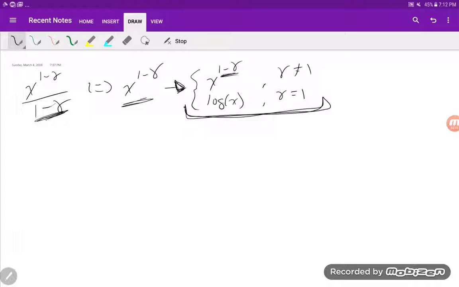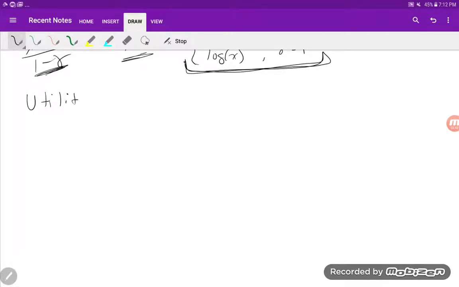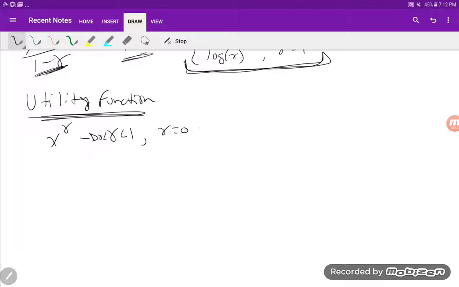So let's instead just use a utility function that is very simple, x to the power gamma, where 0 less than gamma less than 1, and gamma equals 0 is equivalent to saying that we have log wealth. So let's move forward with this simplified framework.